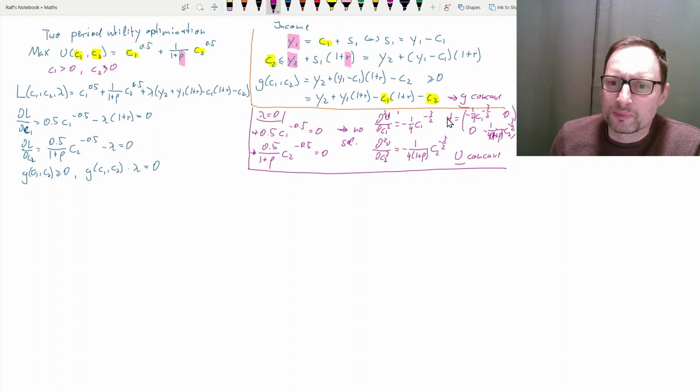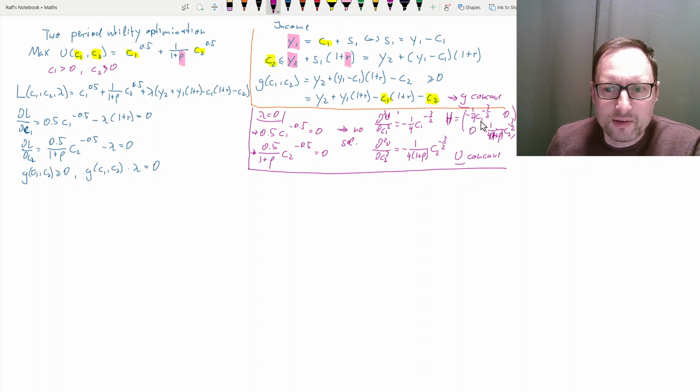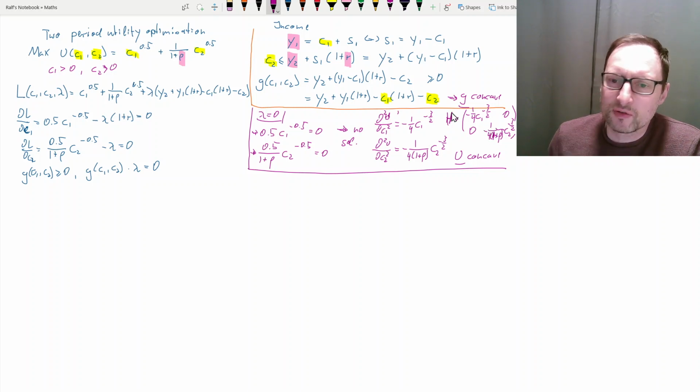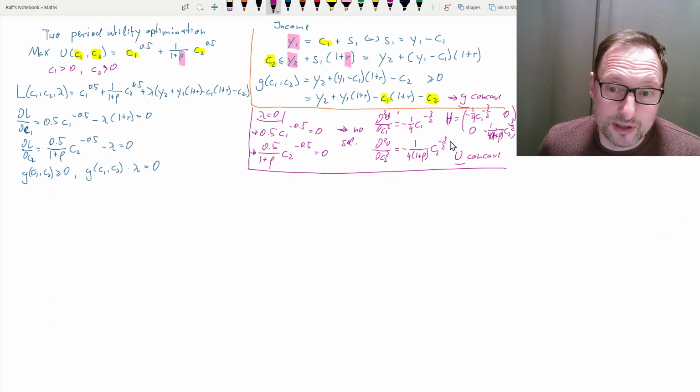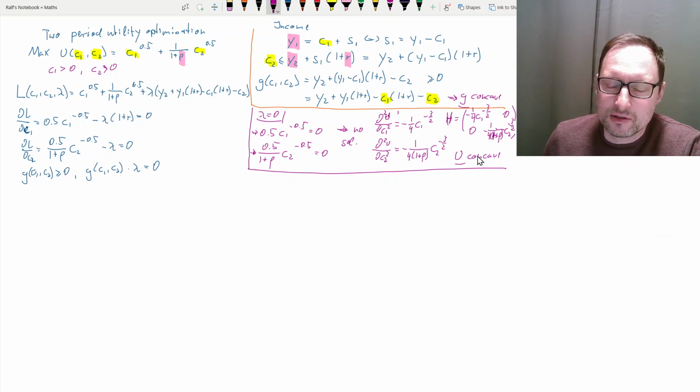What's important to see is that if c1 and c2 are positive, then the diagonals will always be negative. So for the determinant, we have something negative times something negative, which is positive, minus the product of the two off-diagonal elements, which are 0. So the determinant will be positive, the diagonal elements will be negative. That means the Hessian is negative definite, and that means indeed that u, the utility function, is concave everywhere.